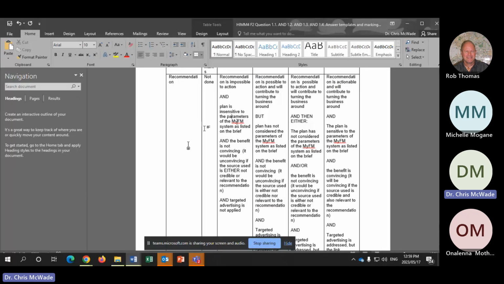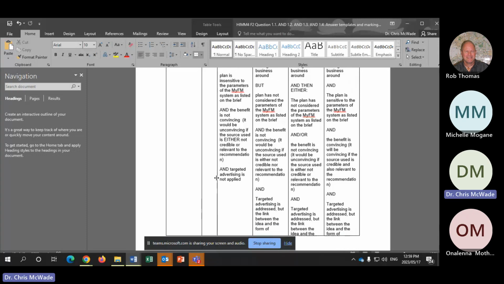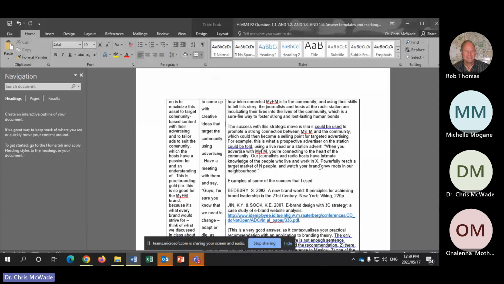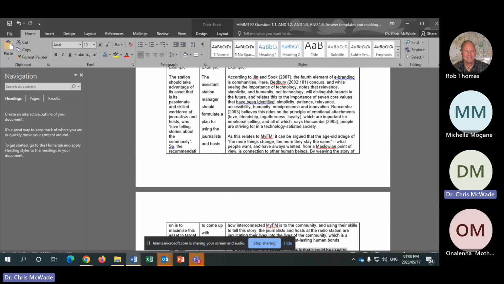This answer is, because it's maximizing the whole community awareness and value that is already there, and you're just saying this is there, we're just going to build our targeted advertising around it. And then there's also a note in each of these for have you mentioned and are applying targeted advertising, which if you look at the example answer here, this whole section is about, yes, community, but remember we want to have our advertising targeted to the community.